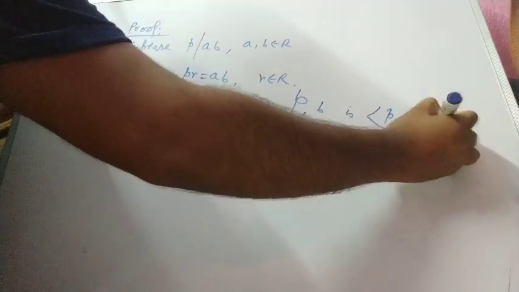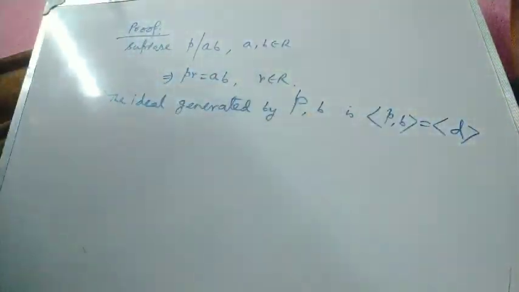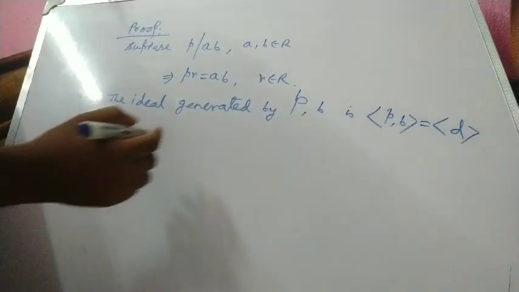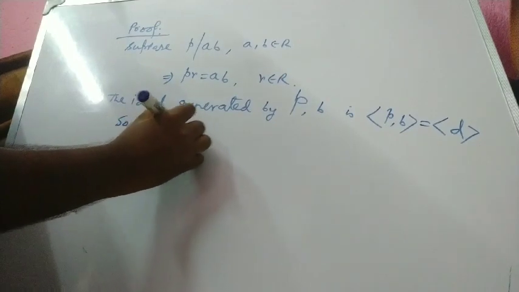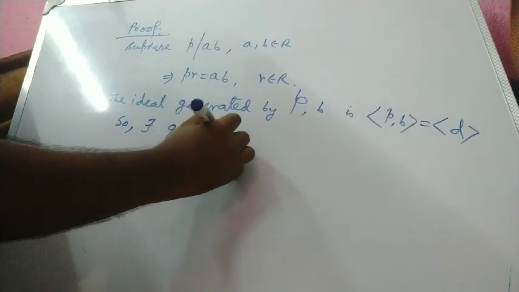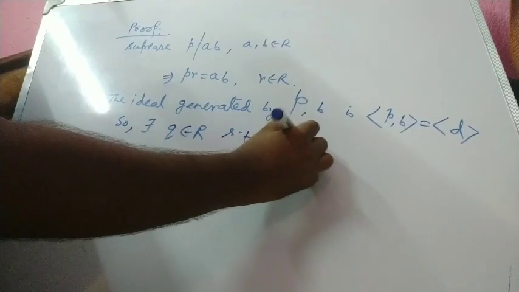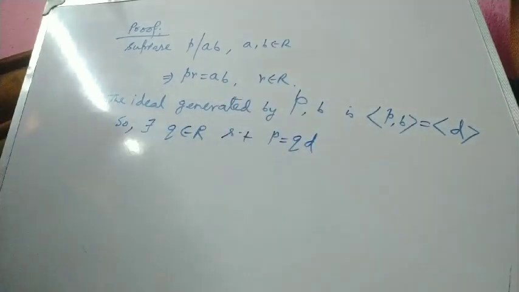Suppose this equals (d), for some d belonging to R. Now since every ideal of the ring is a principal ideal, since R is a principal ideal ring, it is given. So there exists q belonging to R such that p equals qd.